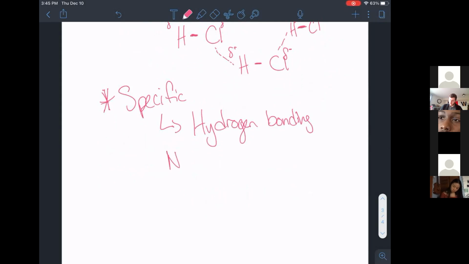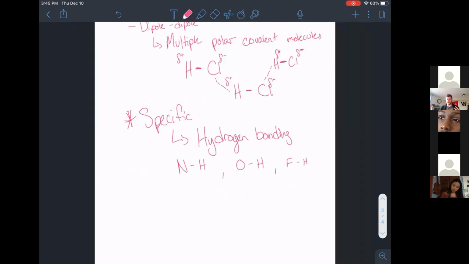If you have an N bonded to an H, if you have an O bonded to an H, and if you have an F bonded to an H. These are going to be stronger than any of our just normal dipole-dipole interactions. And that's because of the large difference in electronegativity. These three have a much larger attraction or interaction than anything.